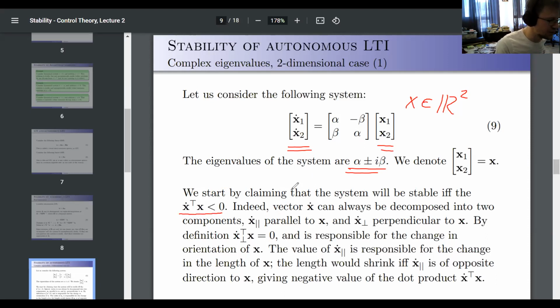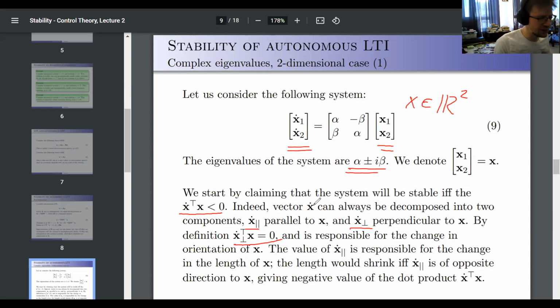So this has to be negative. Why? Well, x dot can be decomposed into two components, parallel and perpendicular to x. The perpendicular component is always 0, and what it does is change direction.